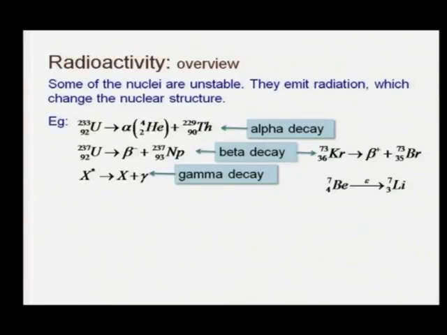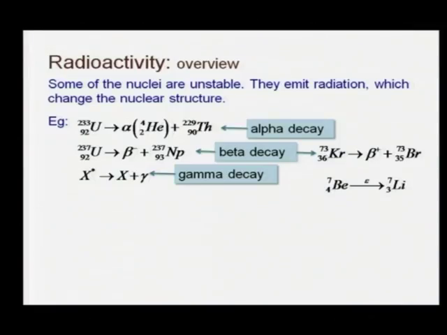We will see later that it actually converts one proton in the nucleus to a neutron by absorbing an electron. We will come to the details later. This particular kind of reaction process is called the electron capture.